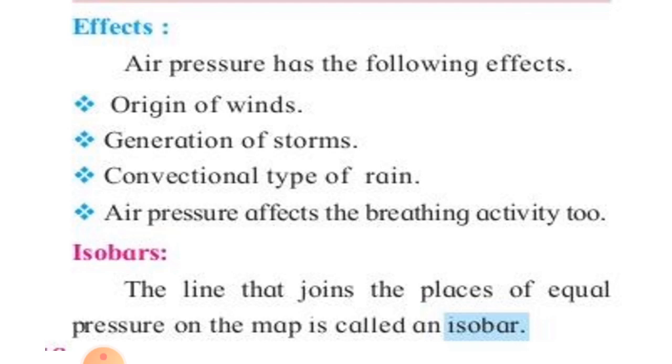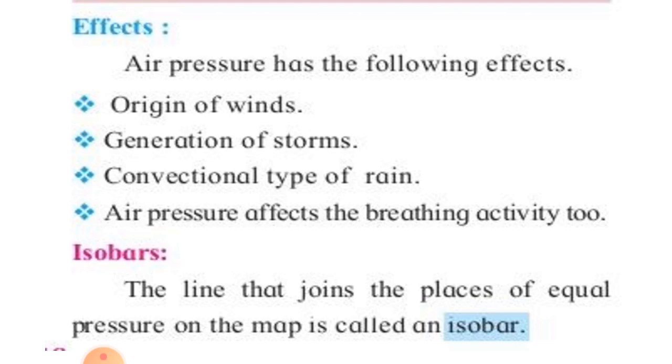These are the effects of air pressure. Dear students, please keep in mind: origin of winds, generation of storms, convectional type of rain, and air pressure affects the breathing activity. These are the effects of air pressure.